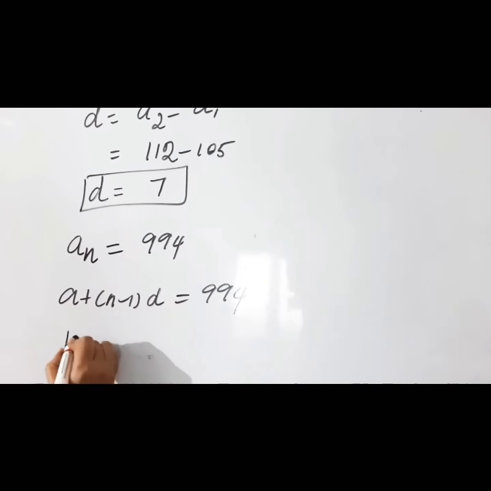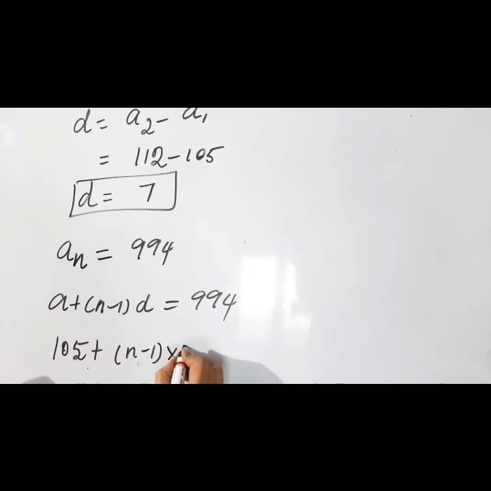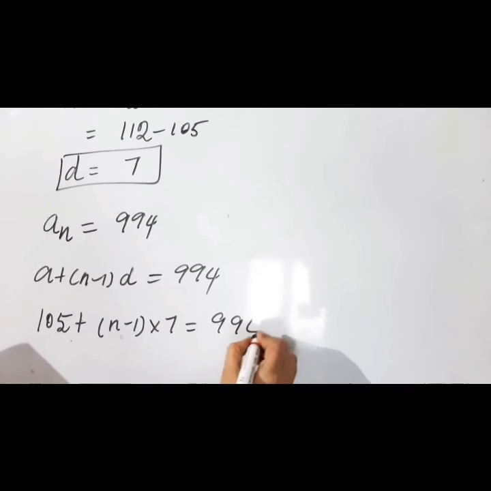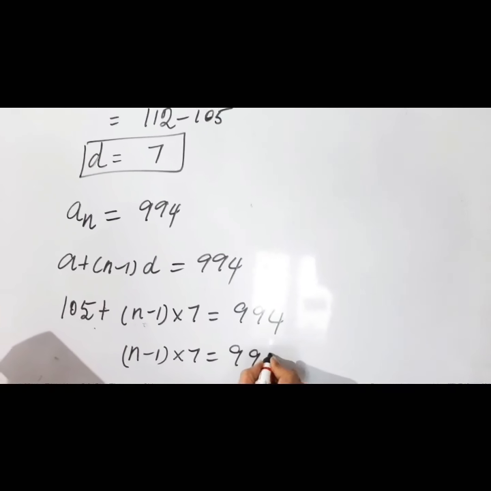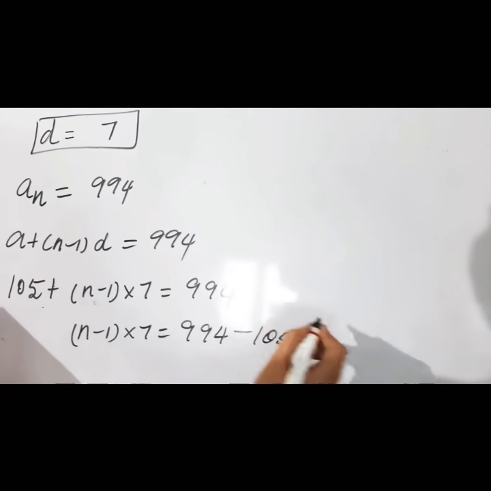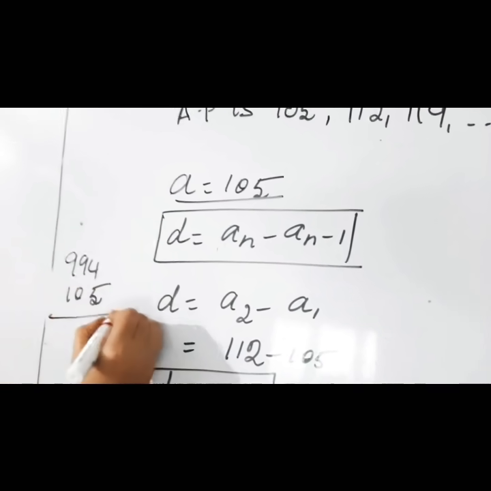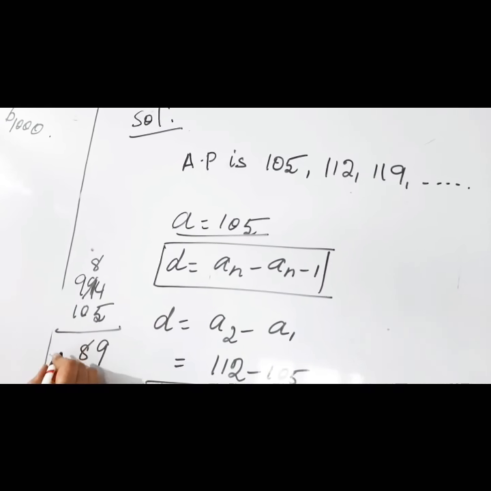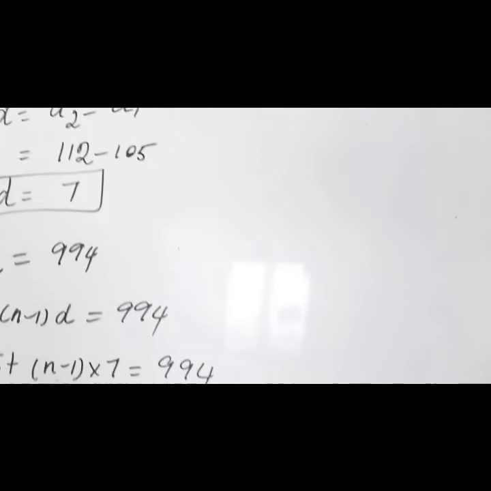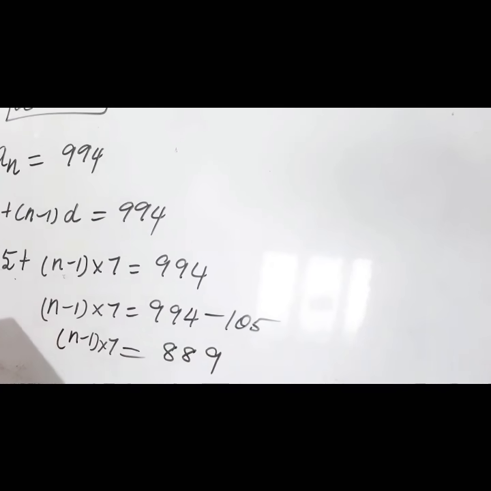Substitute the value of A, 105, plus n minus 1, as n is what we want to find out, and D is 7, which is equal to 994. n minus 1 into 7 is equal to 994 minus 105, so n minus 1 into 7 is equal to 889.